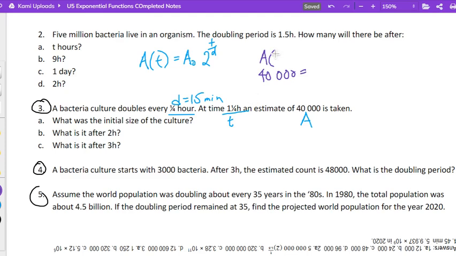I just feel like working in minutes, so I'm going to say 75 minutes. At 75 minutes, there are 40,000. That means we don't know A naught, but we do know the doubling time is 15 minutes and 75 minutes elapsed.